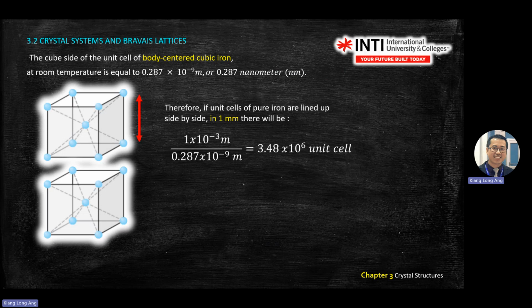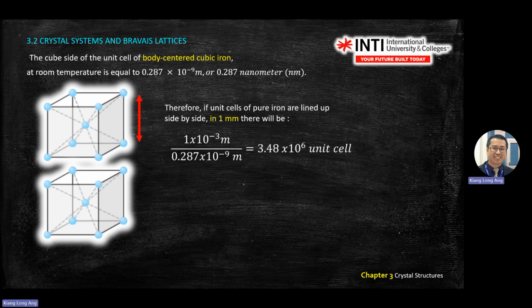So if you assemble them like Lego bricks, the total Lego bricks that you need to assemble 1 mm, you need 3.48 times 10 power 6 unit cells.